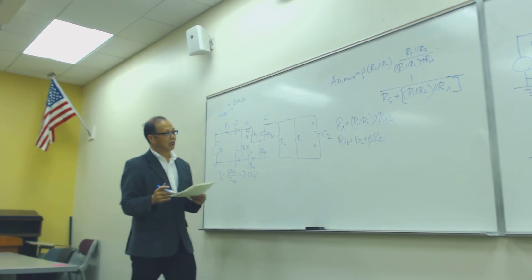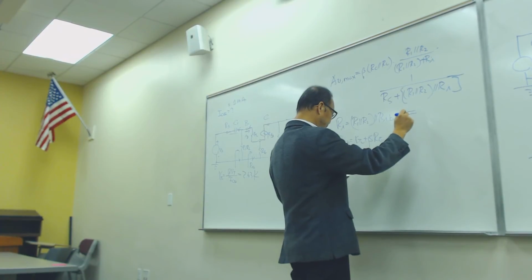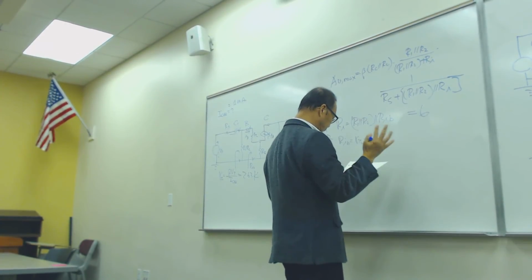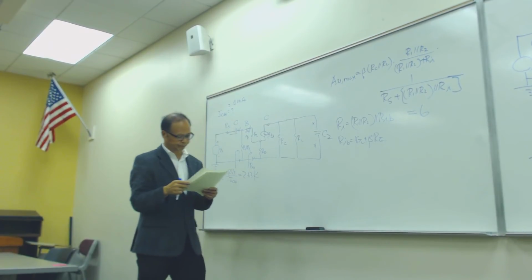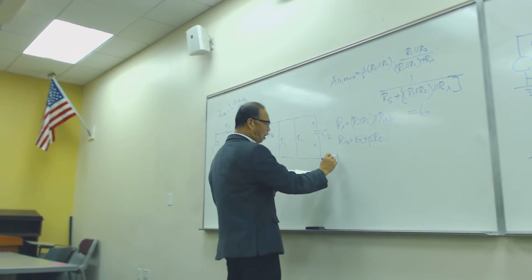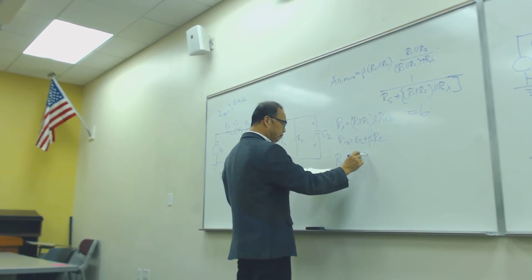So I have a value for that, about 6. That's the real value of AV max. And I have a value for R sub I as well. It's 53K.